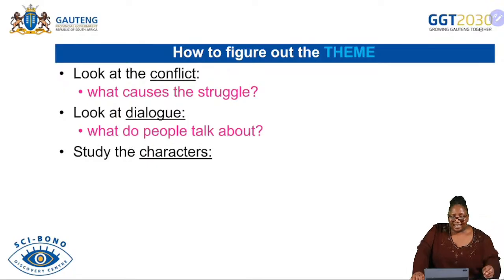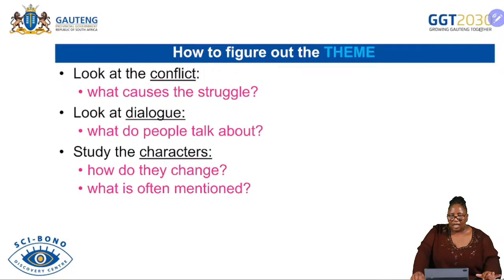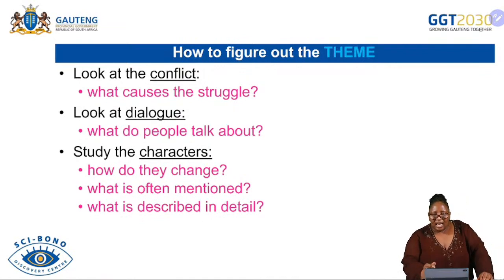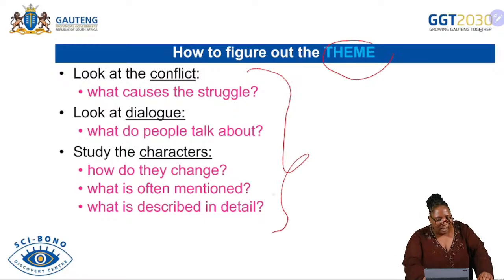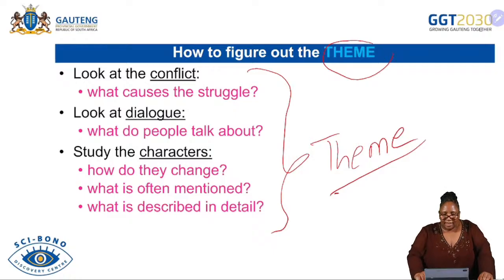We study the characters, how they change, and what is often mentioned and what is described in detail. And that is our theme. You look at all these questions here, and the bottom line is that it's how you figure out the theme.